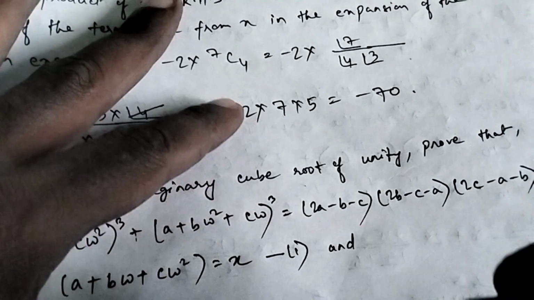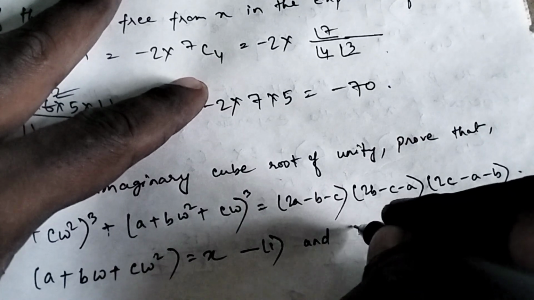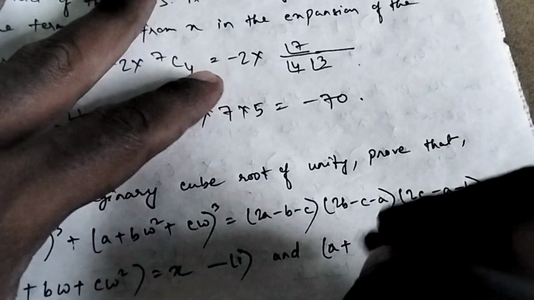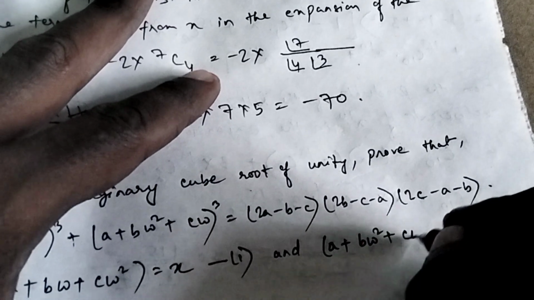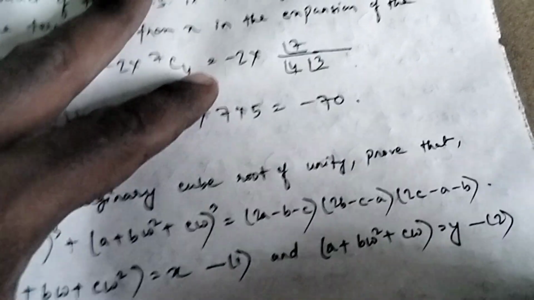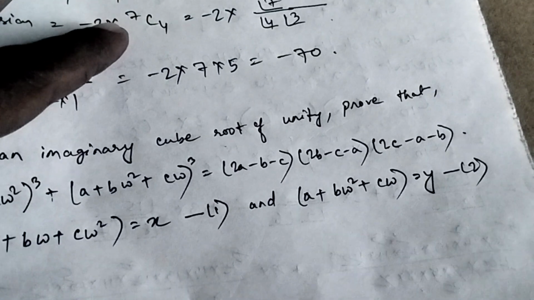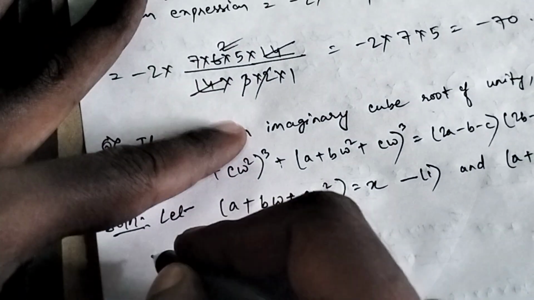And this one, a plus b omega square plus c omega, is equal to y. Name it as 2. Clear?